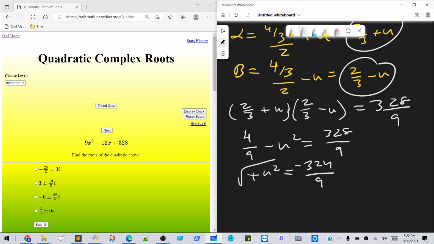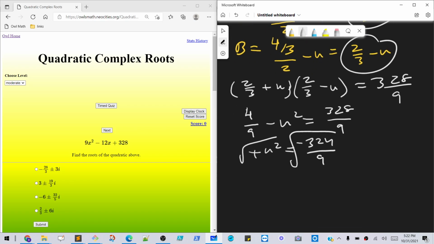But we can take the square root on both sides, and we're going to get plus or minus 18/3 i, which is plus or minus 6i. The square root of 324 is 18. The square root of 9 is 3. But we have this negative sign, so that's where we're getting our i.